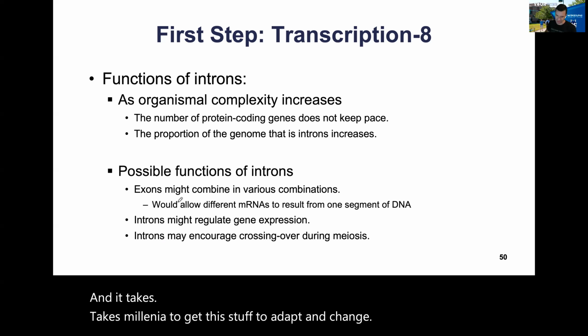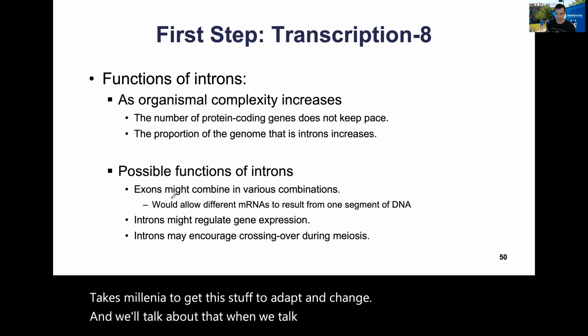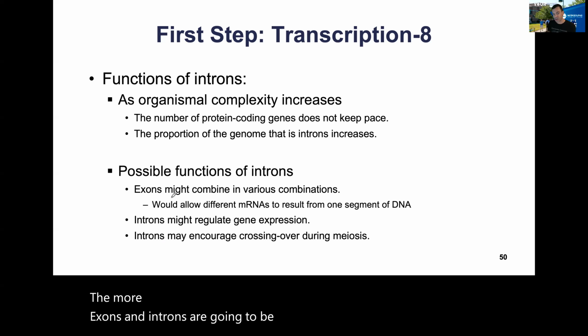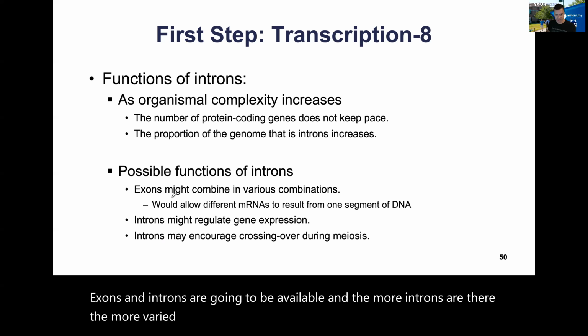We'll talk about that when we talk about evolution. But the more complex the organism, the more exons and introns are going to be available, and the more introns there are, the more varied a potential genome can be. So it can give a multitude of combinations.